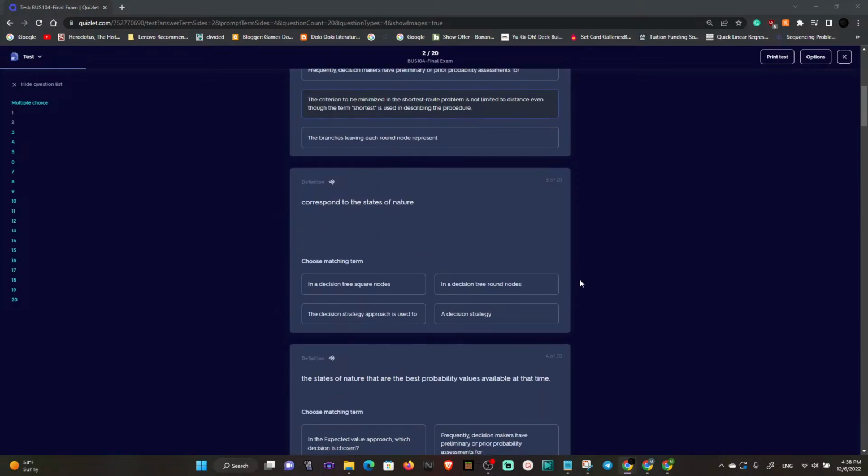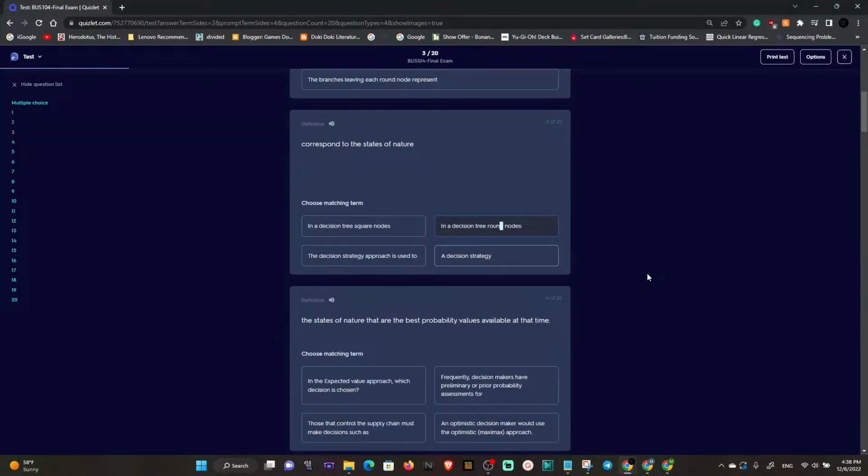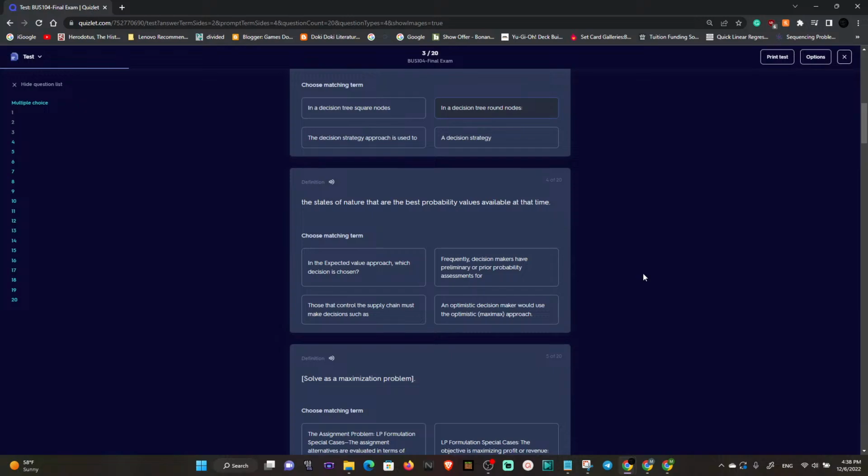And now my turn. Correspond to states of nature. That's what the round nodes do in the decision tree. You're up. The states of nature that are the best probability values available at that time. Well, what is it?